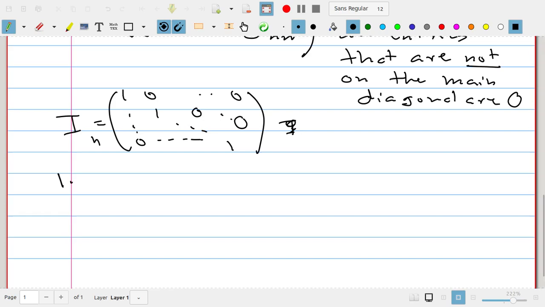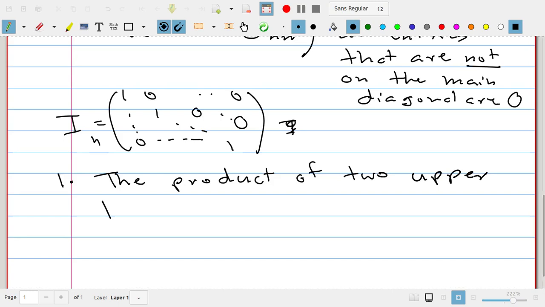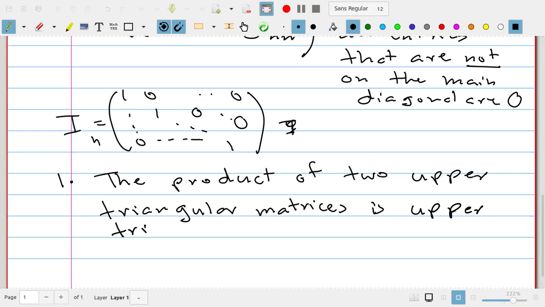First of all, you will need the fact that the product of two upper triangular matrices is upper triangular.